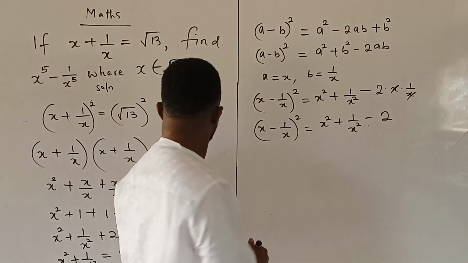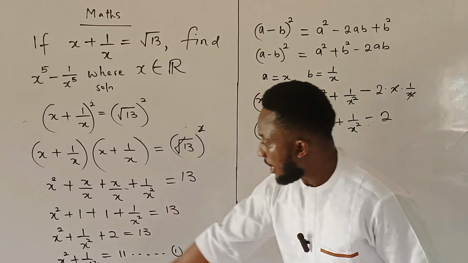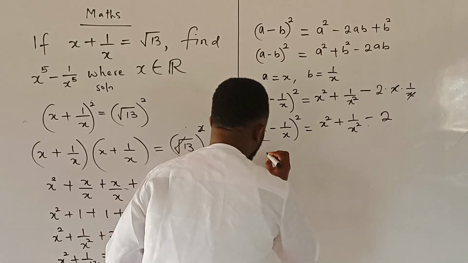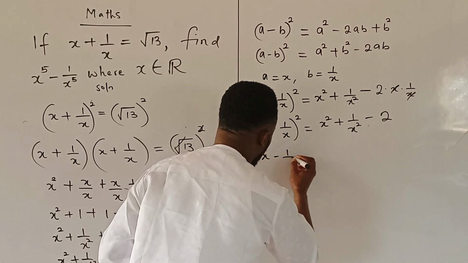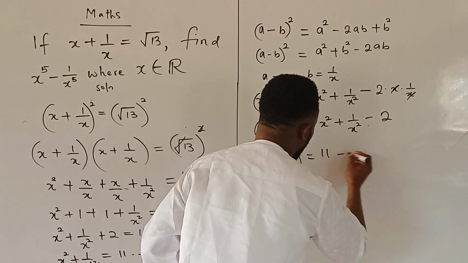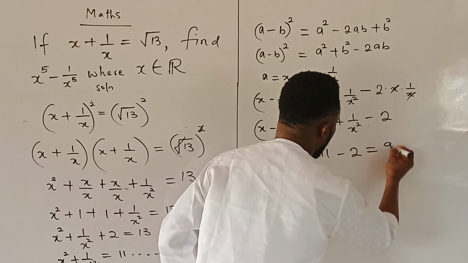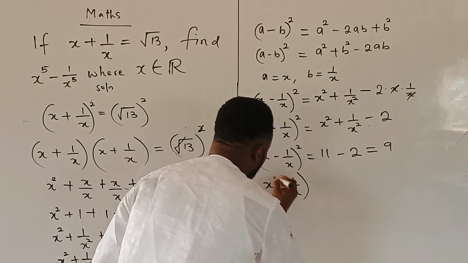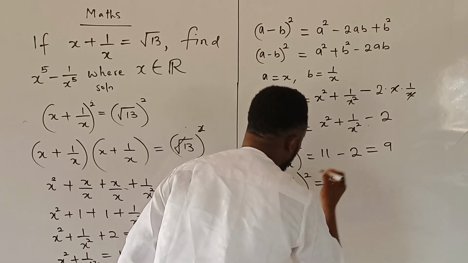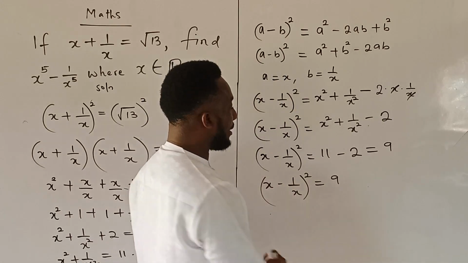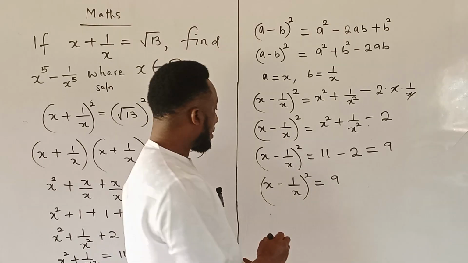Now, from equation number 1, s squared plus 1 upon s squared is equal to 11. So I will then write s minus 1 upon s all squared. That will be 11 minus 2, and that is equal to 9. So s minus 1 upon s all squared equals 9. To undo the square here, I shall take the square root on both sides.